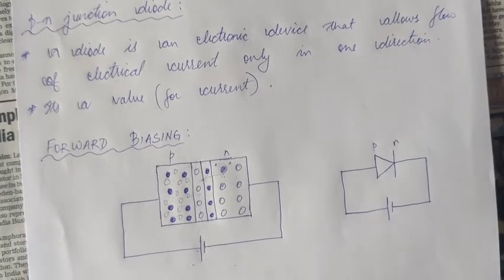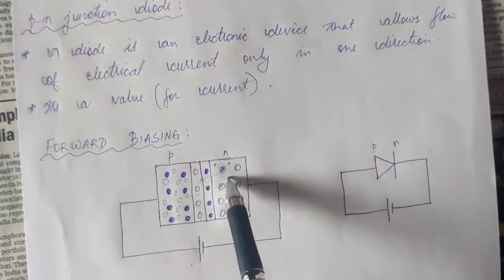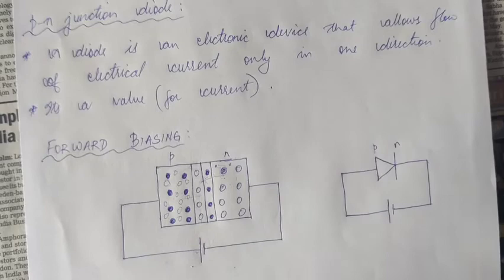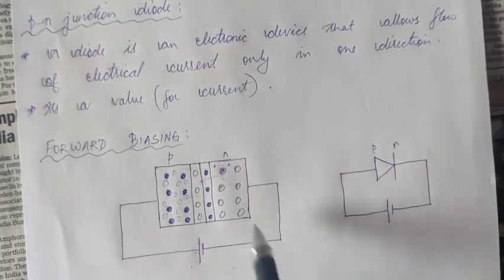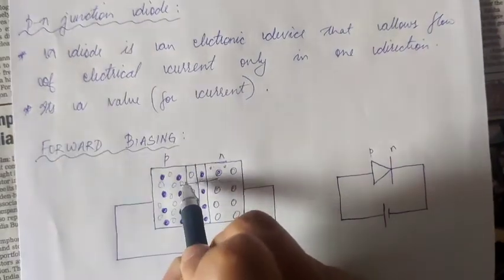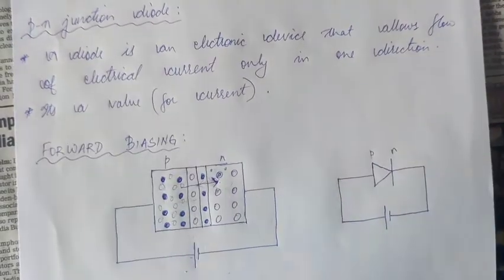So what is happening is there is flow of majority charge carriers through the potential barrier, or through the p-n junction. Electrons are moving this way. This means there is flow of current through the p-n junction diode in this direction, in a direction opposite to the direction of movement of electrons.